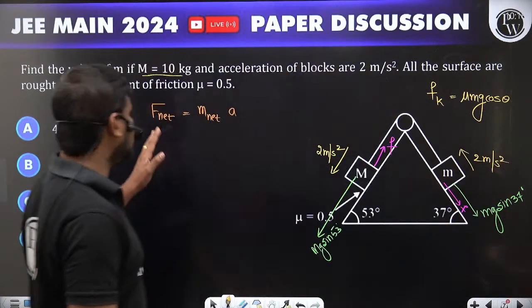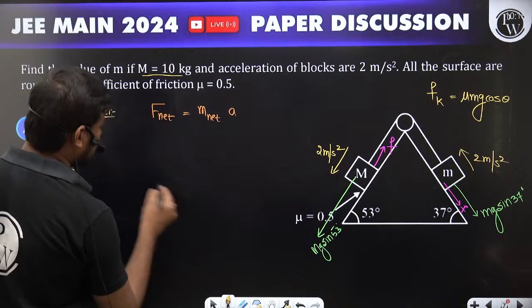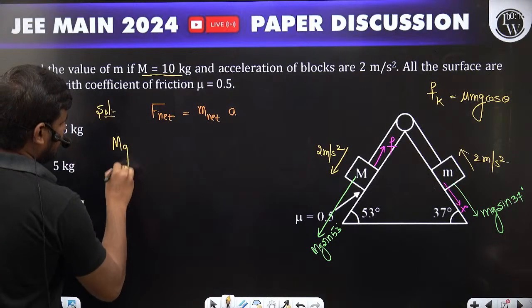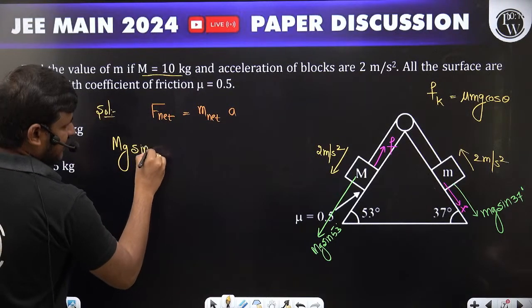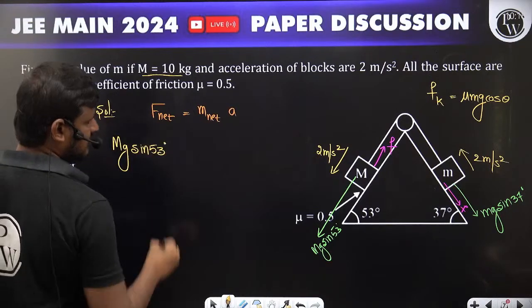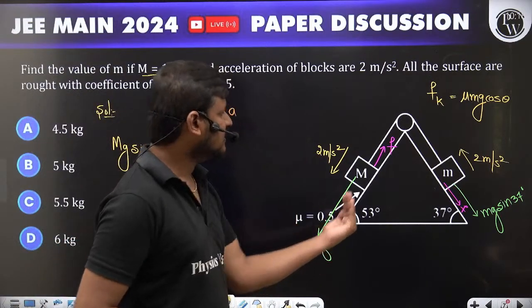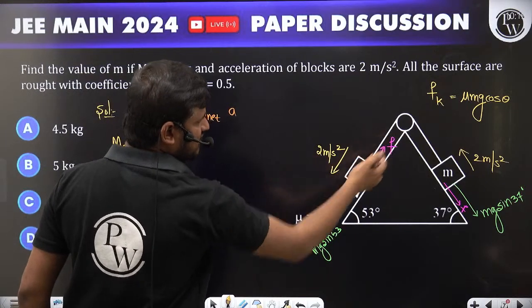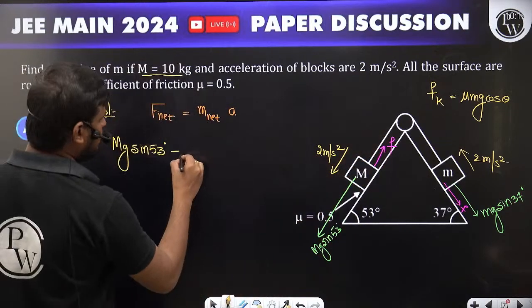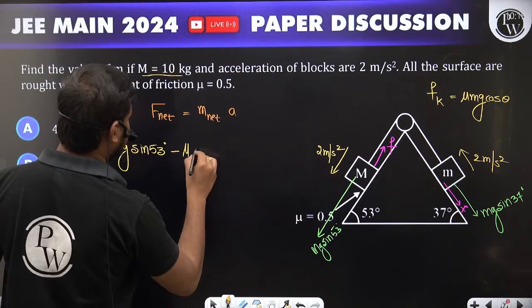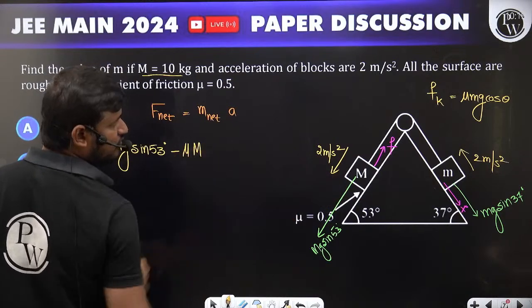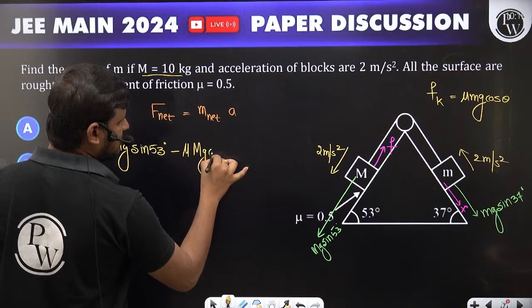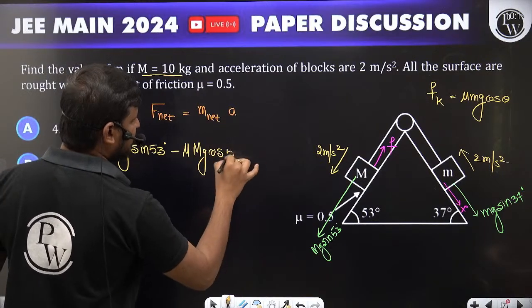So now overall forces that I can write it as, mg sin 53 is one force, and then next we have the kinetic friction. What's the kinetic friction? Mu, capital M, g cos theta, so cos 53.